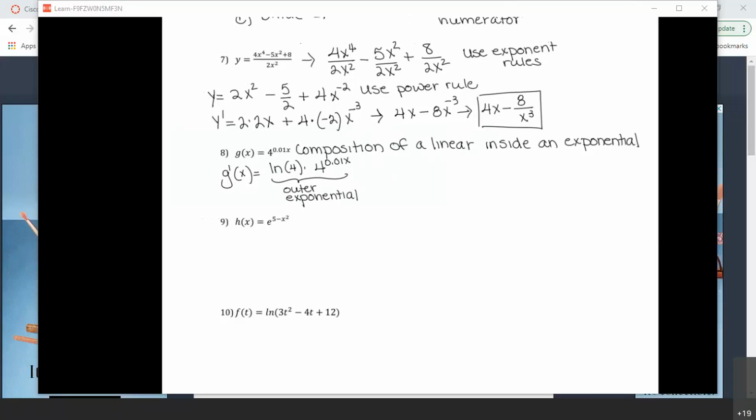If this was base e, I wouldn't have the ln stuff because ln of e is 1. Remember all that? So this is the way you take the derivative of the exponential part. But because you've got the linear expression up there in the exponent, you have to take the derivative of that too. The derivative of 0.01x is 0.01. So there's the outer exponential.